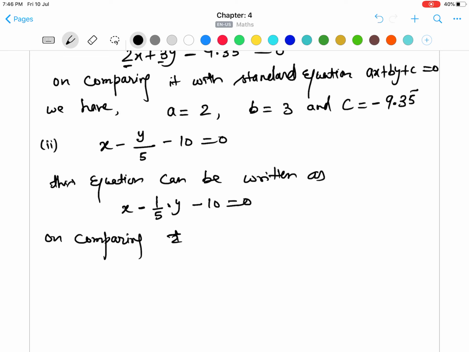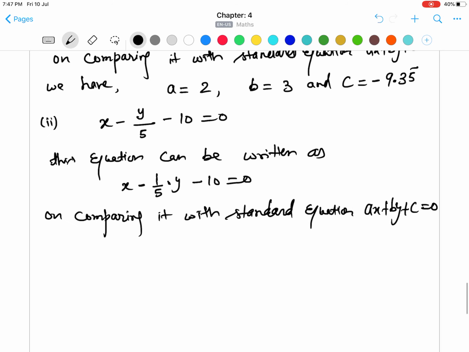Now on comparing with the standard equation, which is ax + by + c = 0, we have a = 1, b = -1/5, and c = -10.